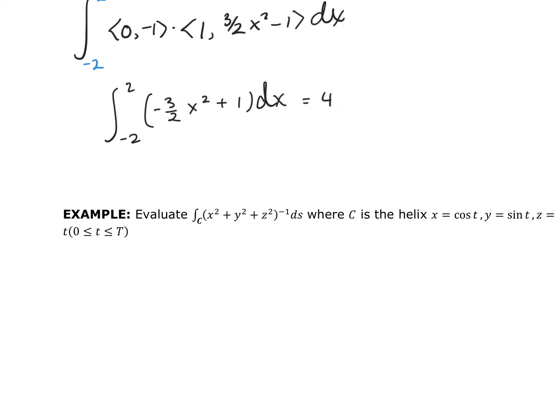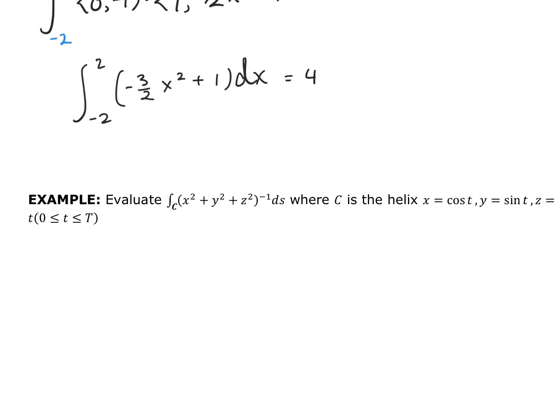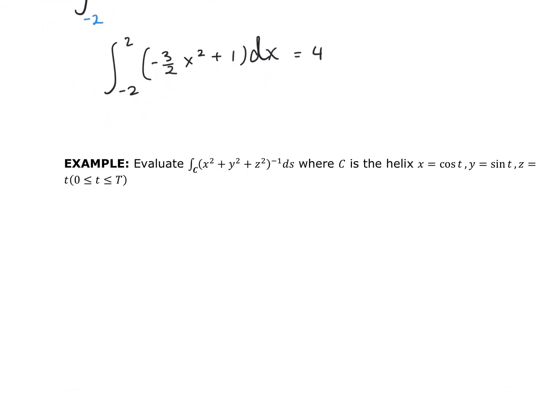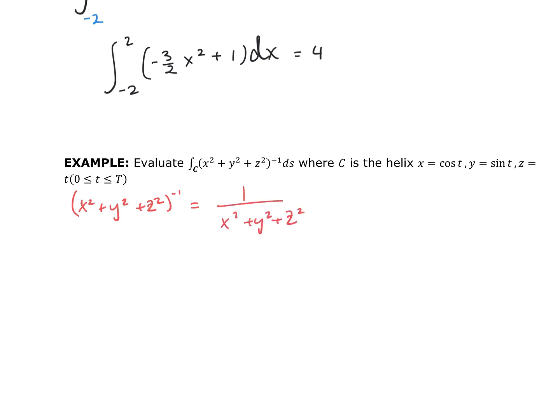This is still asking us to find the scalar line integral, but its presentation is slightly different. So first of all, I'm going to write x squared plus y squared plus z squared raised to the -1 as 1 over x squared plus y squared plus z squared.